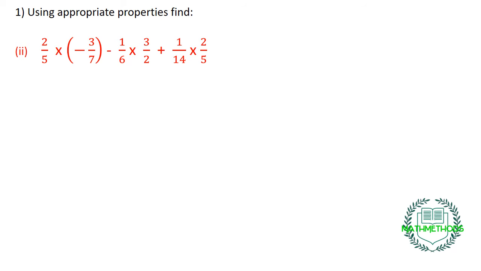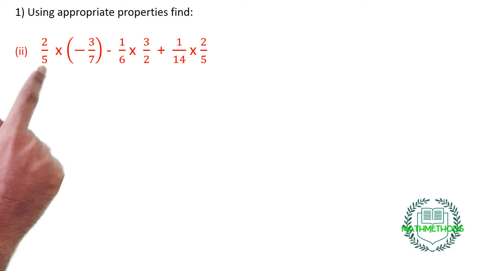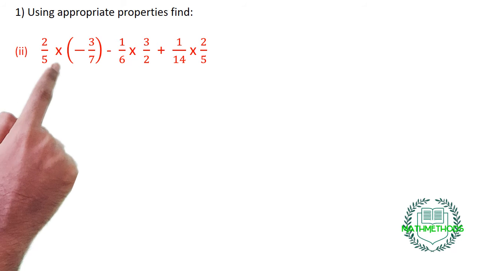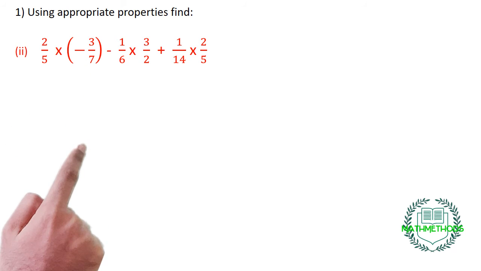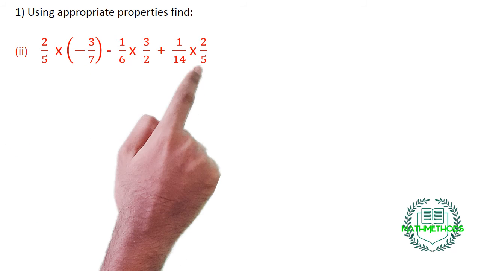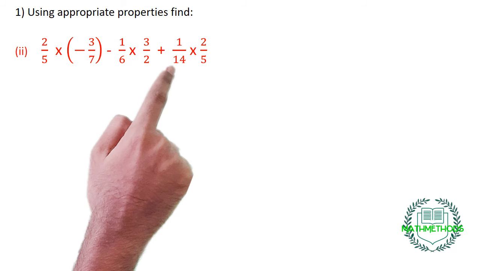Now coming back to our example, what we are told in the question is to use the appropriate properties. So we must first see which properties we can use in solving this example. You can see in this example we have 2 upon 5 multiplied by minus 3 upon 7 and again 2 upon 5 multiplied by 1 upon 14.